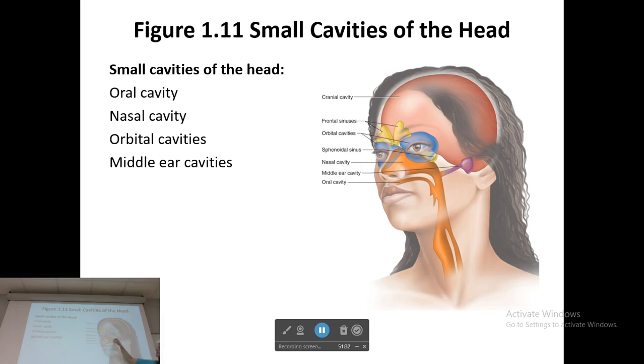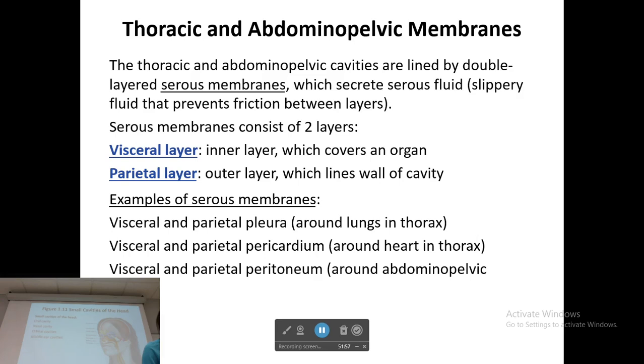That's a lot of times the sphenoidal sinus. Your nasal cavity in there, which is the inside of your nose. Then in your ear, you have a cavity, a space in there. And then, of course, your oral cavity, in your mouth. So those are all smaller spaces that you have within the head.